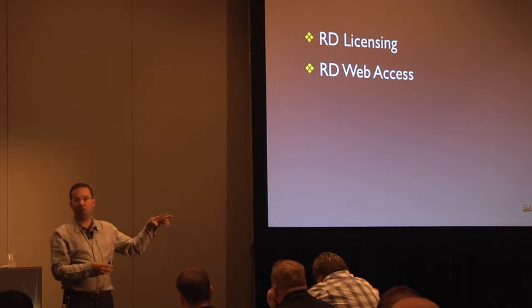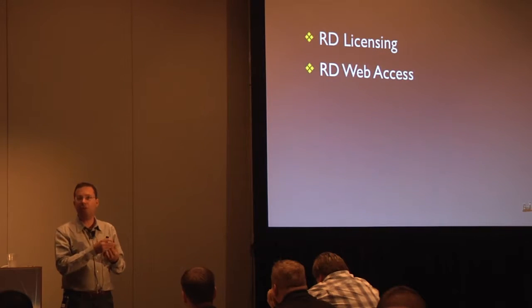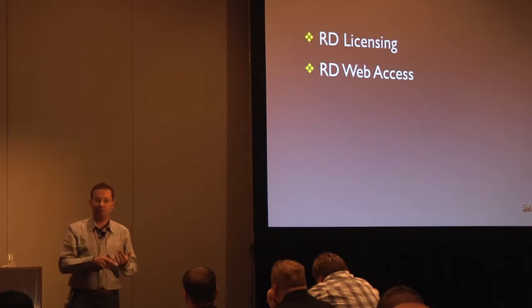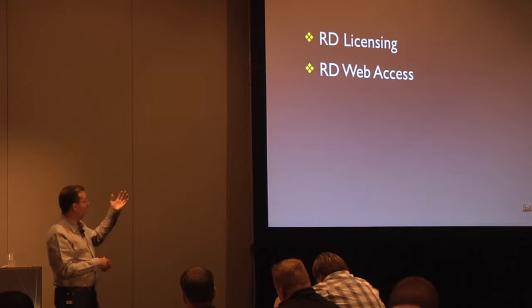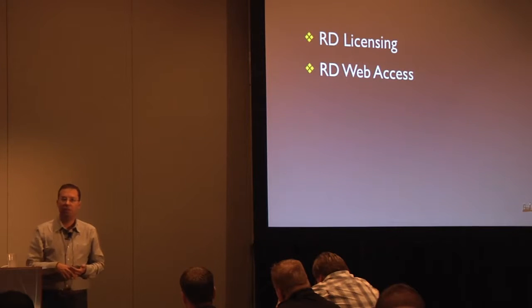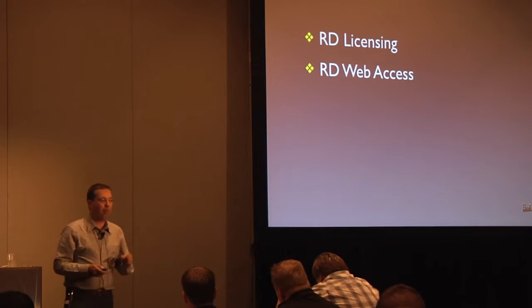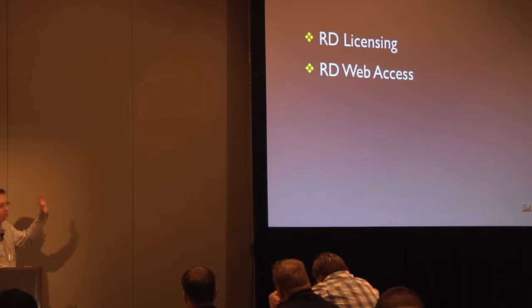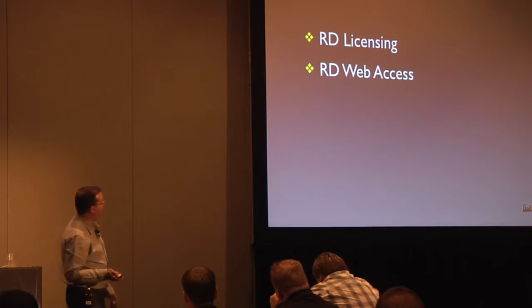You click on an icon for an application, it reuses your credentials, and you see the application running. So that's part of 2008 R2 and of 2012 as well. Okay, it's a Control Panel setting. I can show you later. Well, that's the RD web access, just a web interface for my applications.